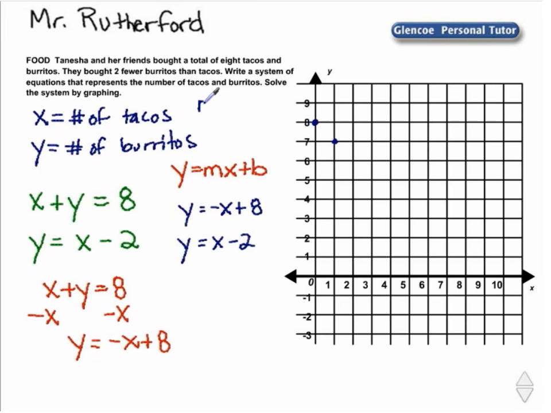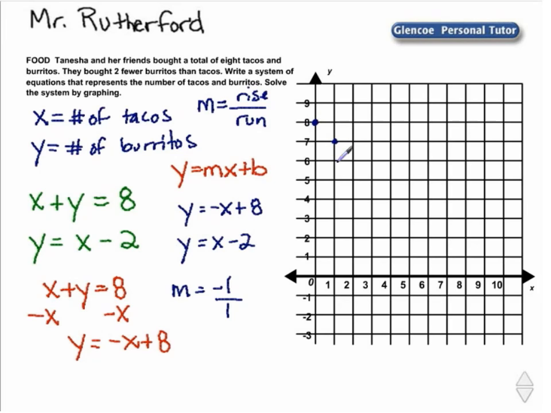Remember, slope is equal to rise over run. And because my slope is equal to negative 1, this is as if we have negative 1 over 1. So we have a rise of negative 1, so I went down 1, and a run of 1, so I went to the right 1.